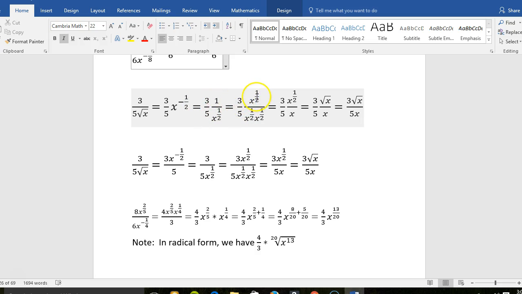For the same reason as a minute ago, we stick a multiplicative x to the half down here, and we multiply the 1 upstairs by x to the half. That puts an x down here and x to the half up here. Remember, x to the half is the square root of x. And when you multiply two fractions, you do top times top over bottom times bottom. That's 3 radical x over 5x.